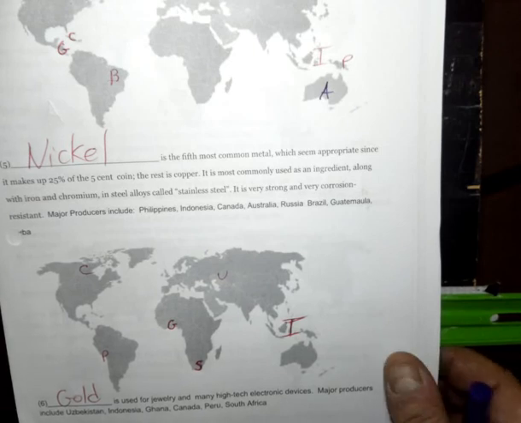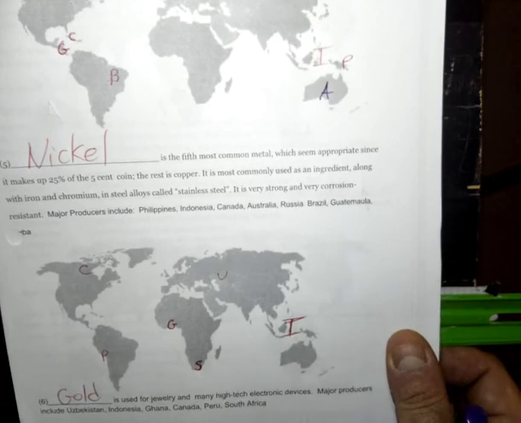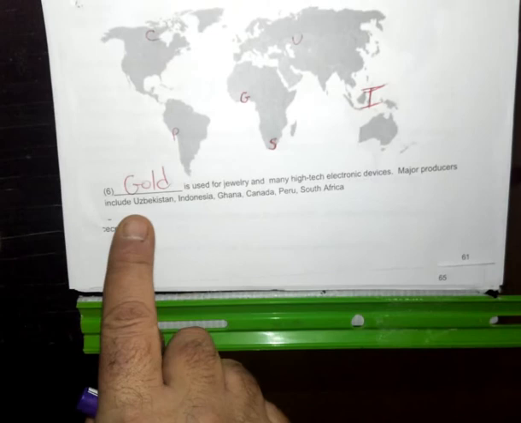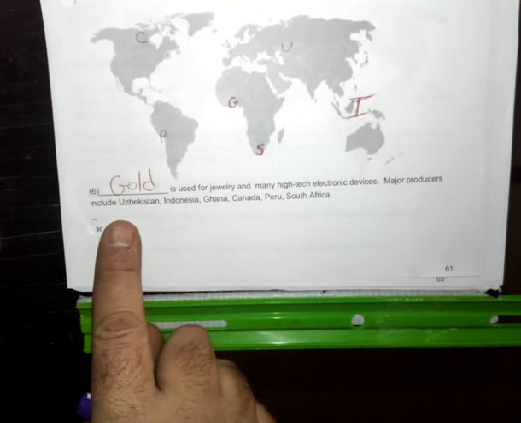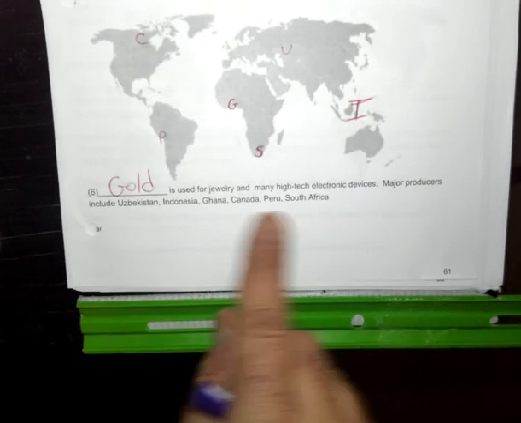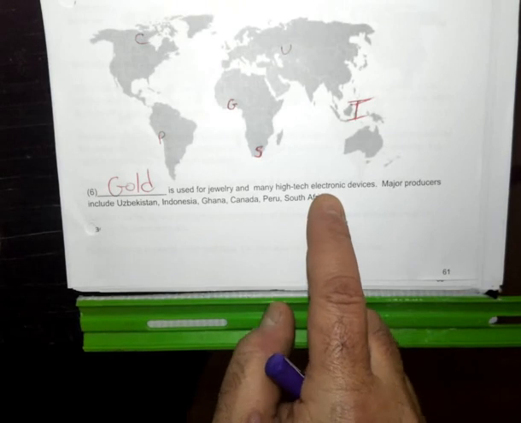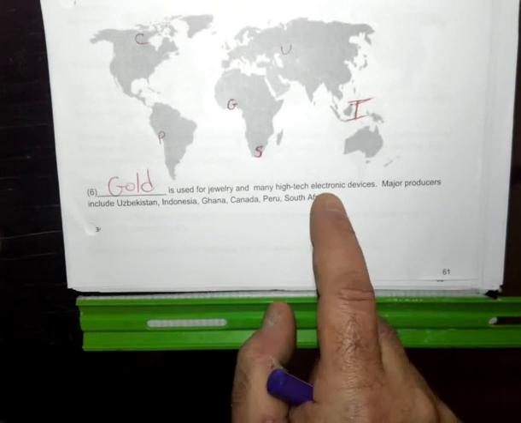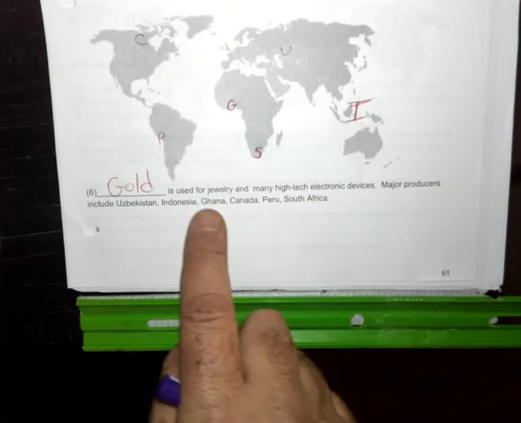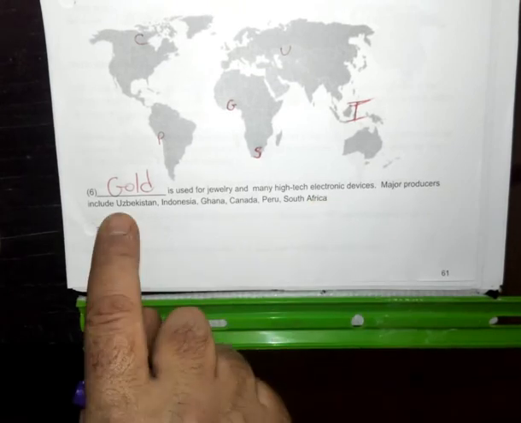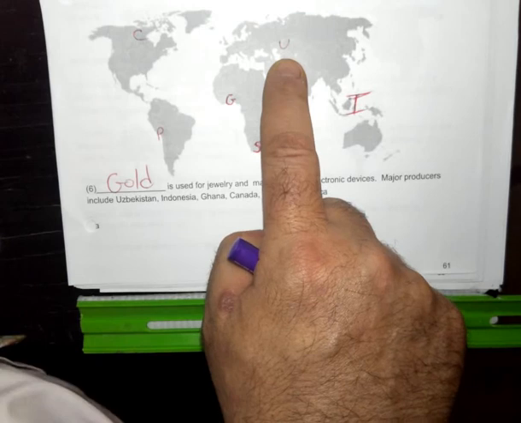And lastly, it's not one of the more common metals, but it's important for finances, for obvious reasons, gold. It is used in electronics because it does conduct electricity very, very well. So, see here, Uzbekistan is by Kazakhstan.